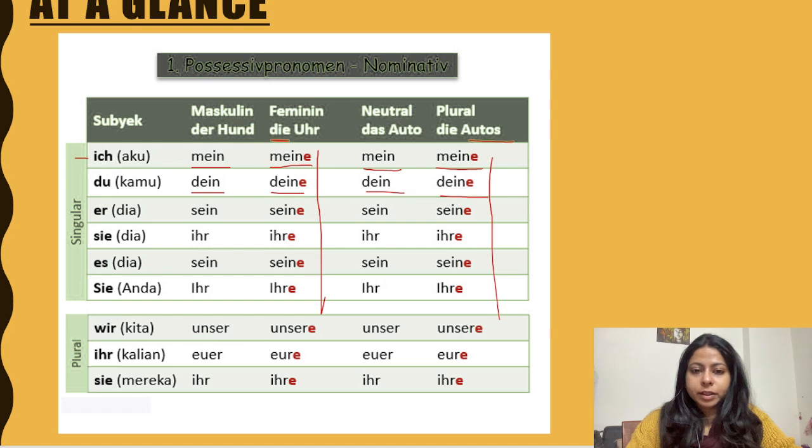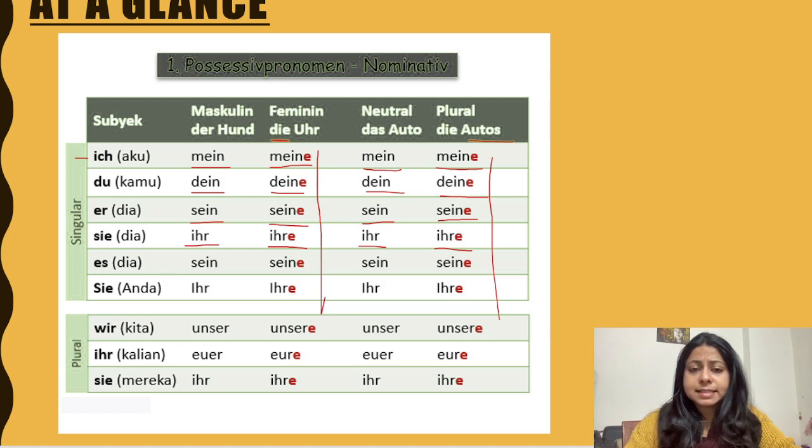Same way with er, the possessive pronoun is sein: masculine would be sein, feminine would be seine, Neutrum would be sein, and plural would be seine. Sie, singular: masculine would be ihr, feminine would be ihre, Neutrum would be ihr, and plural would be ihre.